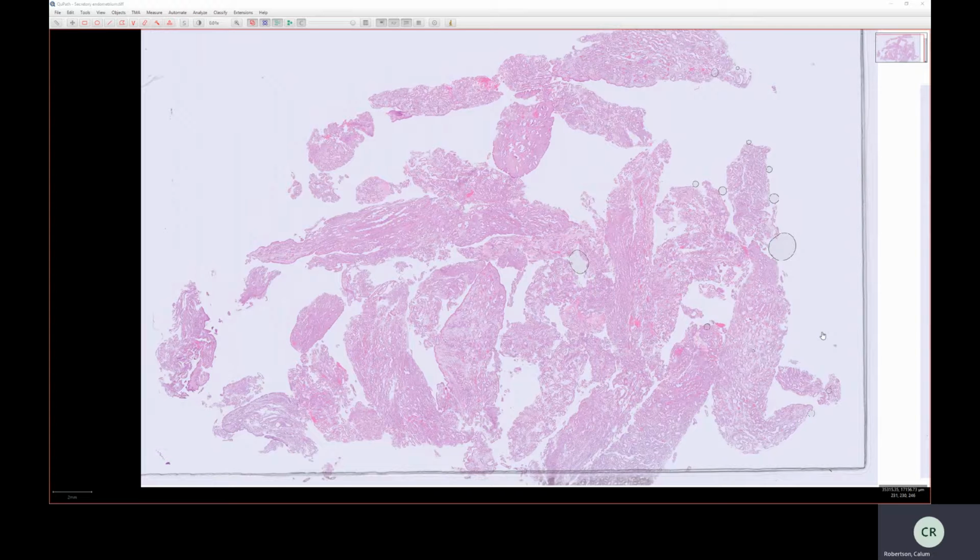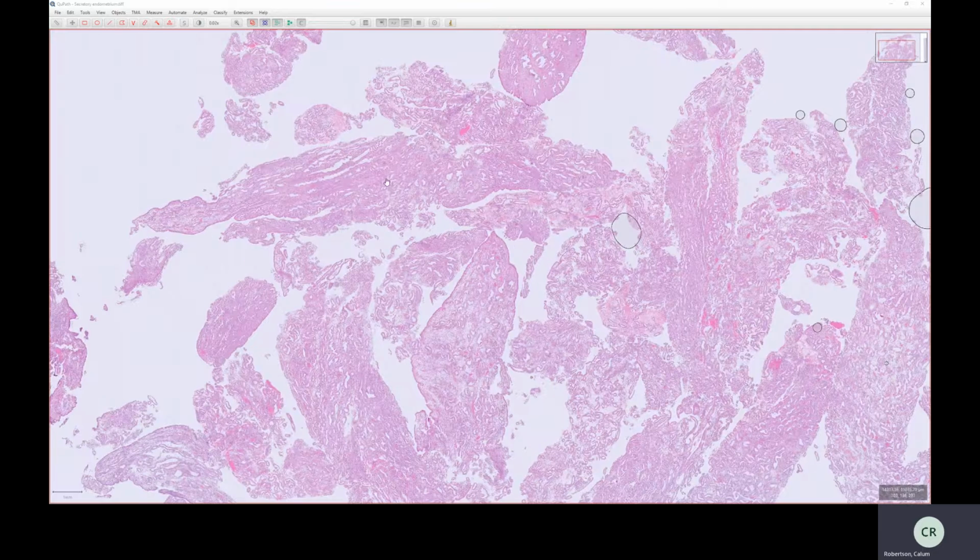So at low power, if we look at the low power architecture, this is different from the previous video in which we looked at proliferative endometrium, which had small round glands. They were all round in pretty much the same shape and size, whereas these are quite different, aren't they?